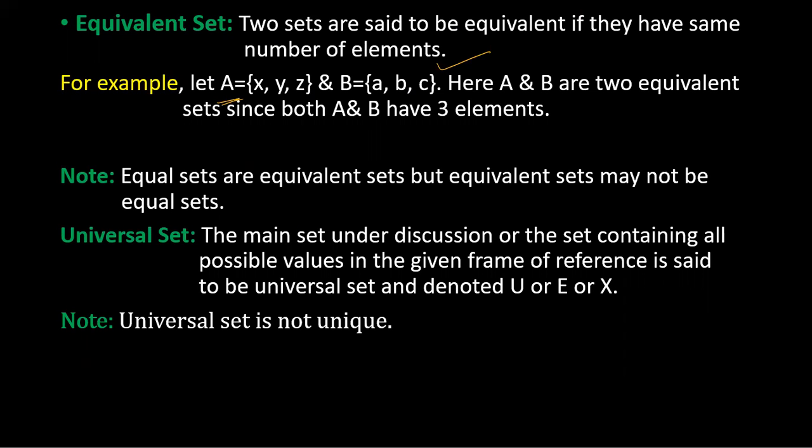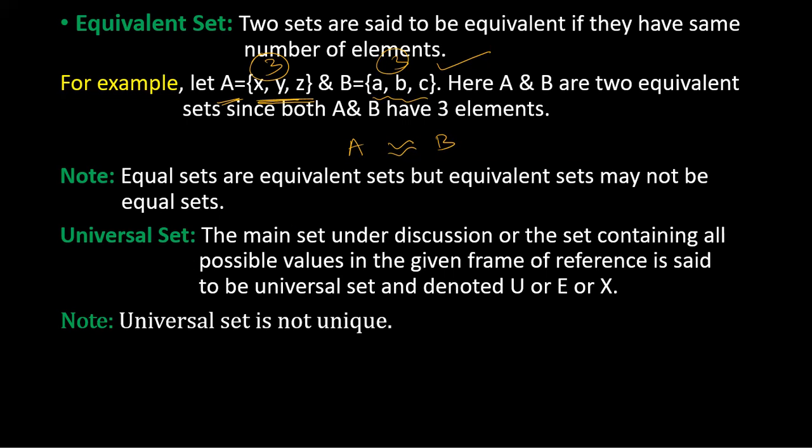If that is satisfied, then we can say those two sets are equivalent. I have given one example: A is the set x, y, z. How many elements are there? 3 elements. In the set B, that is a, b, c, 3 elements. That is why A is equivalent to B.